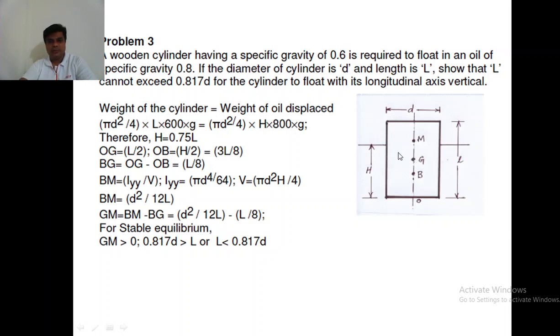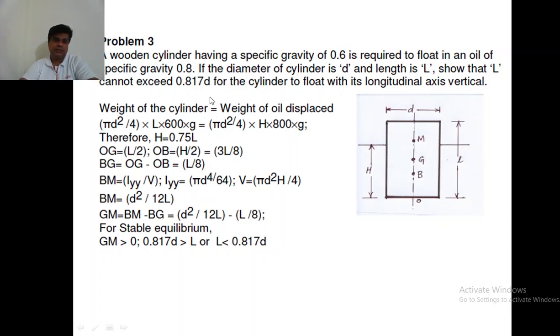So GM value is based on BM and GB. So use this equation. BM is nothing but the moment of inertia with respect to the volume immersed. So if you know these formulas, we can solve any problem based on buoyancy. So remember these two equations.